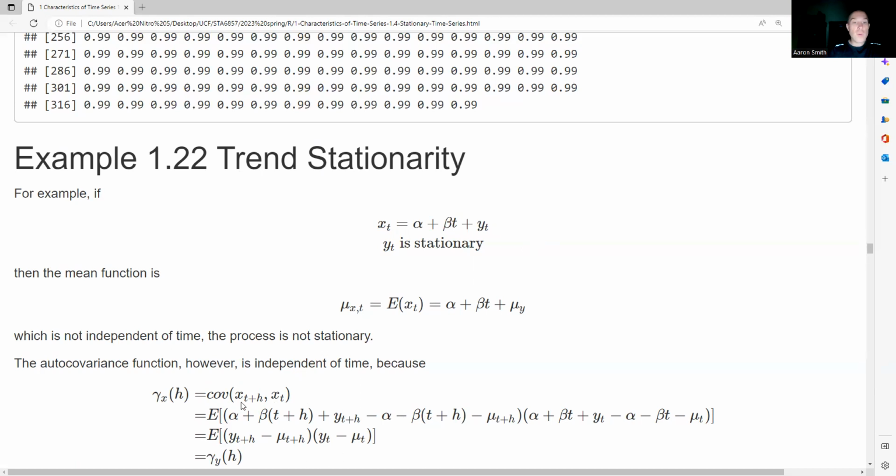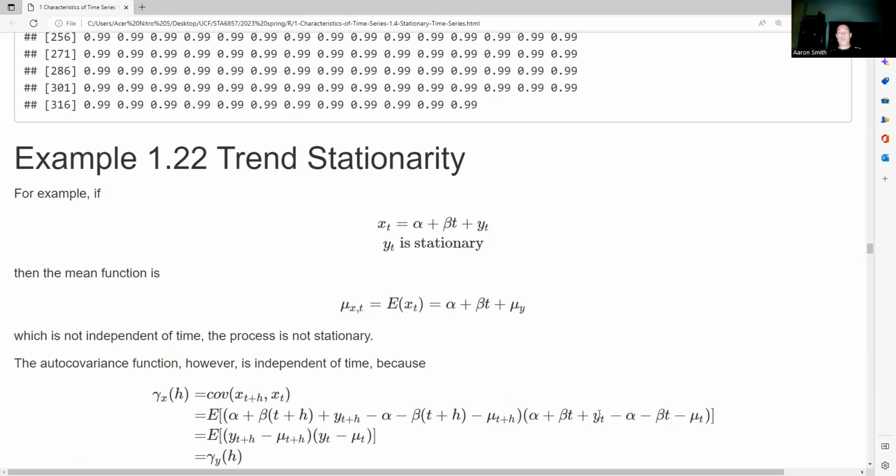And so when I drop in x at time t plus h, you notice I have t plus h. Well, you'll notice that the betas cancel out, the alphas cancel out, and I'm going to end up being left with y sub t plus h and mu sub t plus h.